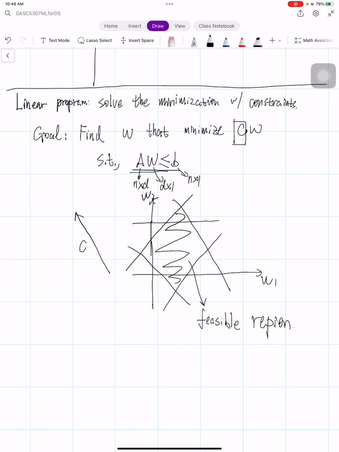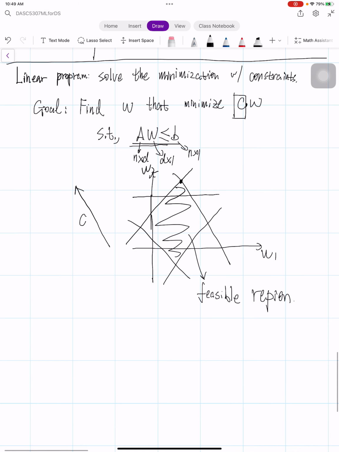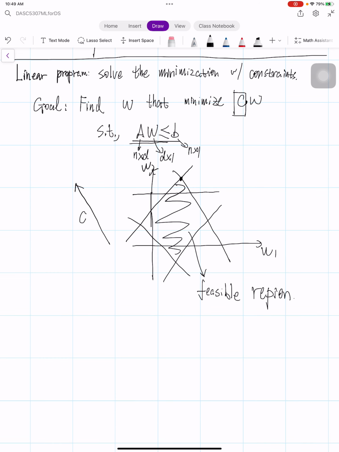Okay, and we are looking for a point that is furthest in the C direction. For example, this C is the direction here. So among all the points inside this feasible region, this is our optimum point, W star.